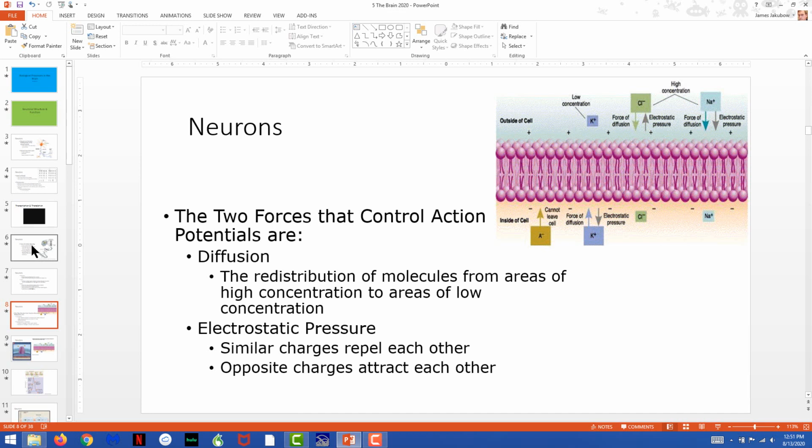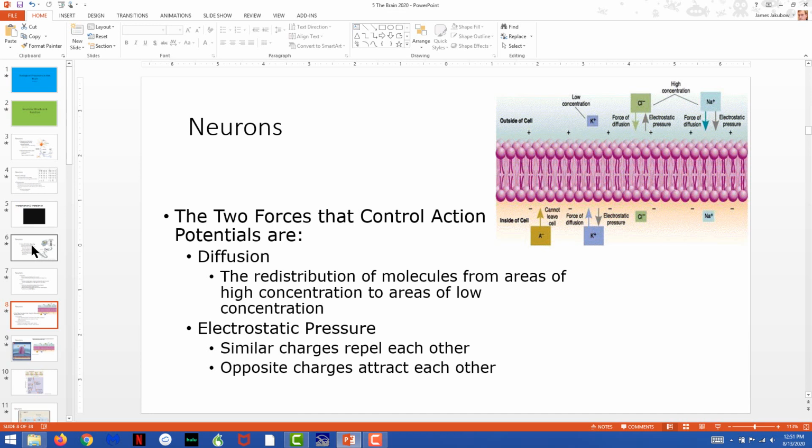Part of the reason why that cell has a minus 70 millivolt voltage relative to the outside is because of the large anions that you have on the inside of the cell. It's certainly not because there's a large concentration of potassium on the inside of the cell, right? You're talking about it has to be negative.